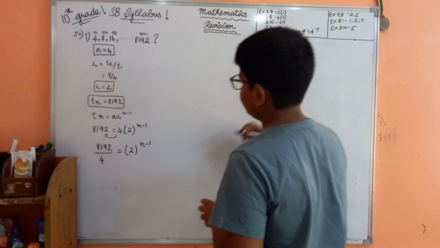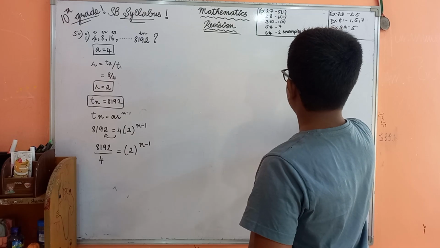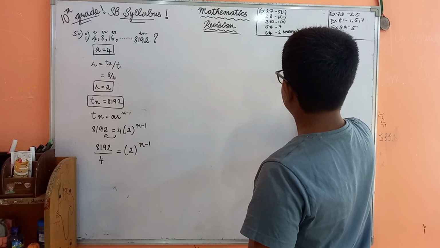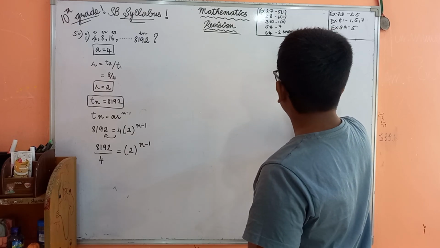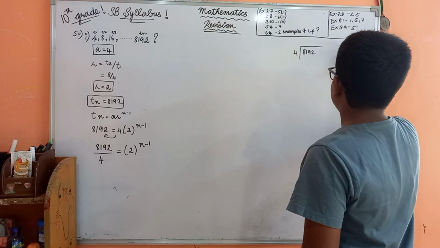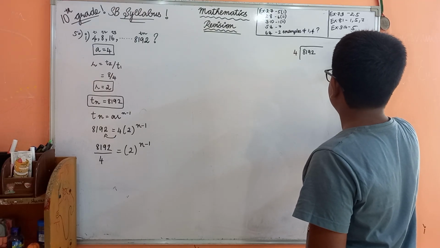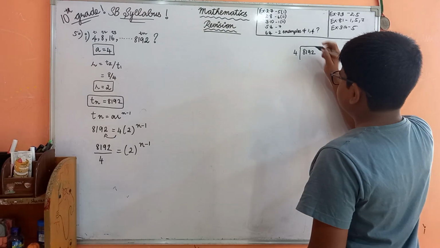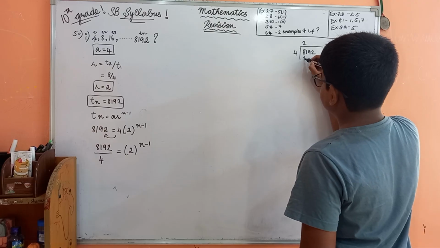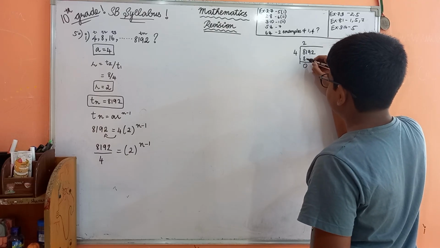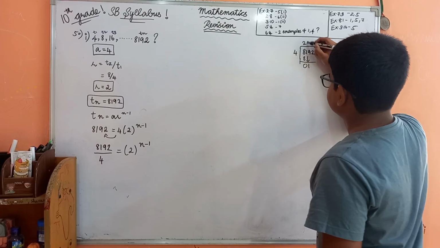So if you divide 8192 by 4, I'll do it in both methods like this. 8192 by 4. So 2 4s are 8. 1 couldn't come up, so you put a 0 over here.